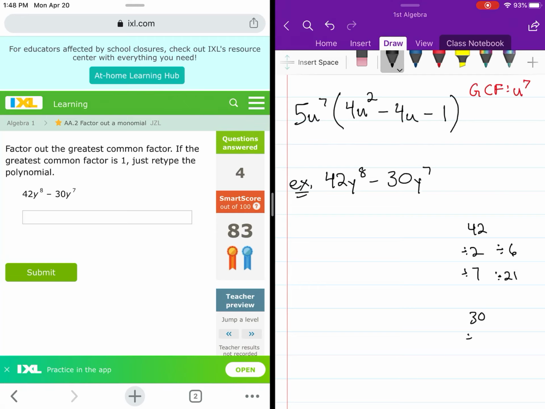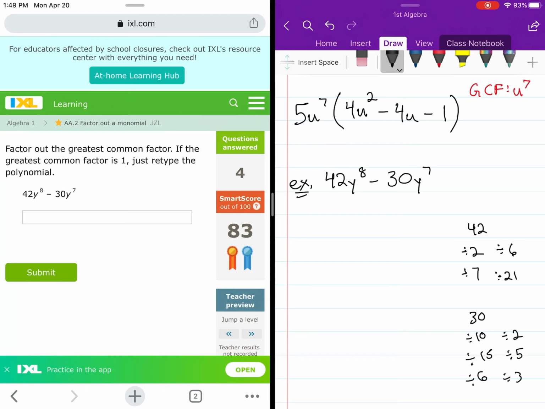The numbers that divide 30 are 10, 2, 15, 5, 6, there might be one more I'm forgetting, 3. Okay, so here now I've done a little bit more work.